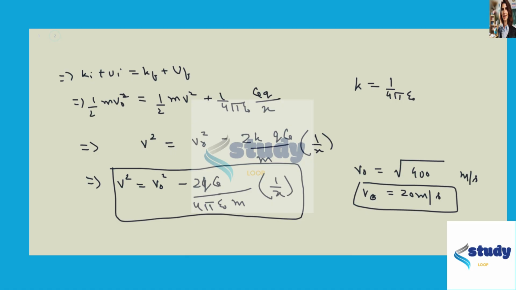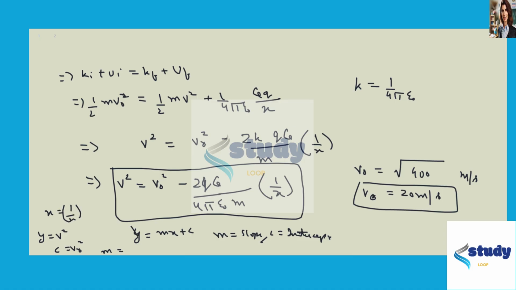A linear equation is simply y equals mx plus c, where m is our slope and c is our intercept. So here in this formula we have y equals v square, c is your v naught square, m is this variable, and x is your actual 1 over x.